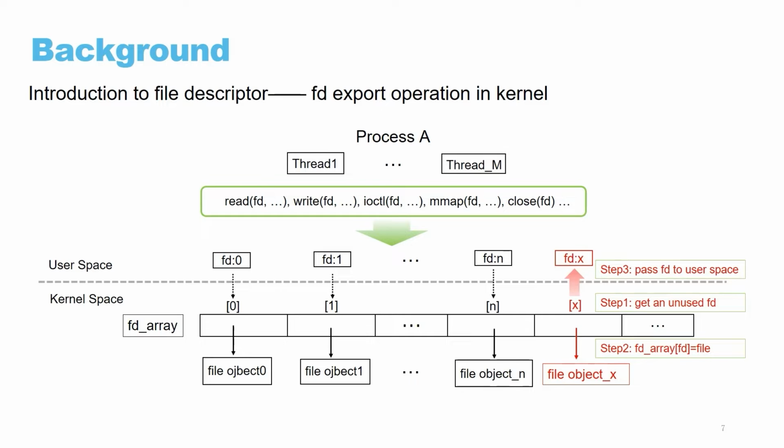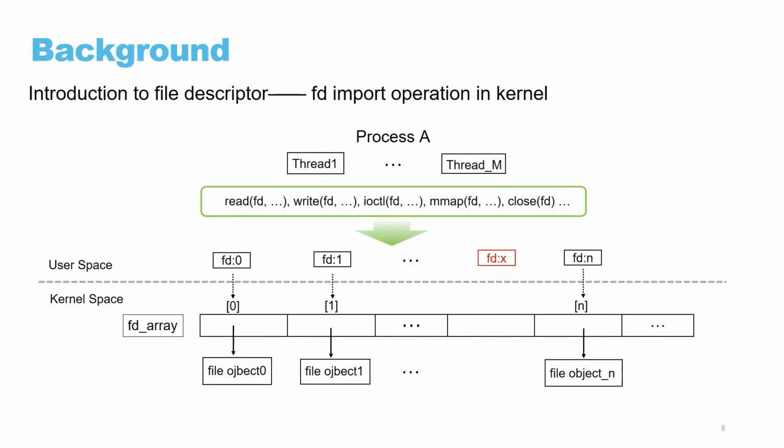The last step is to pass the FD to user process. After these 3 steps, the FD export operation is finished, and the user process can operate the FD for reading or writing.